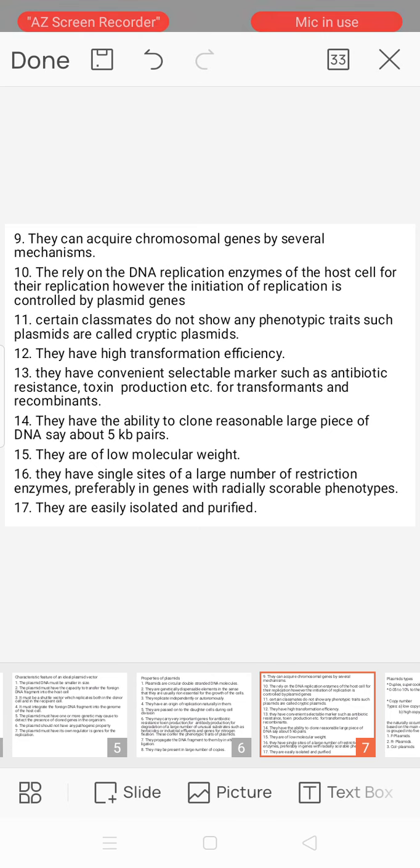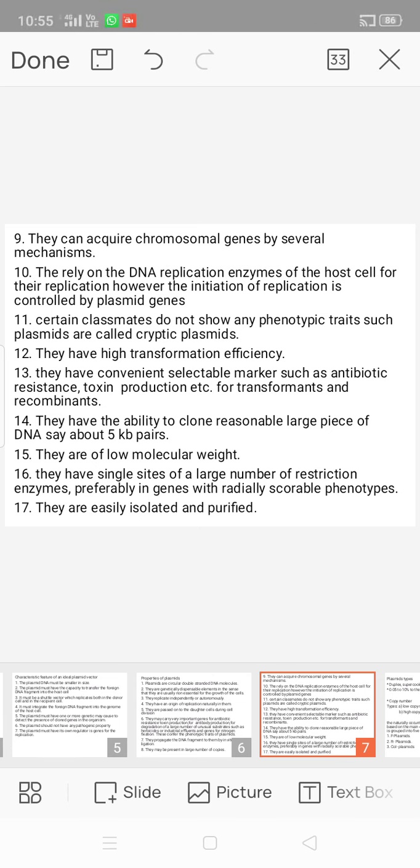And they have high transformation efficiency, and they have convenient selectable markers such as antibiotic resistance or toxin production for transformants and recombinants. They have the ability to clone reasonably large pieces of DNA, say about 5 kilobase pairs.